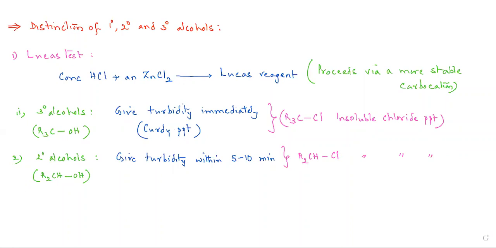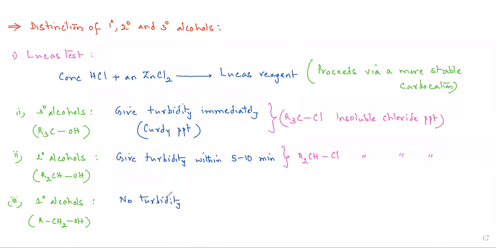Finally, coming to the 1 degree alcohol. The primary alcohol give no turbidity at all. Very important.